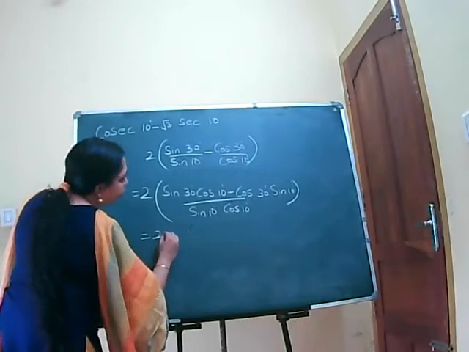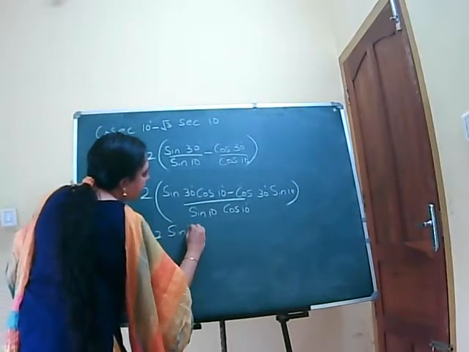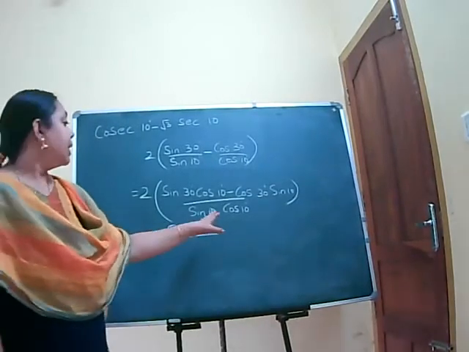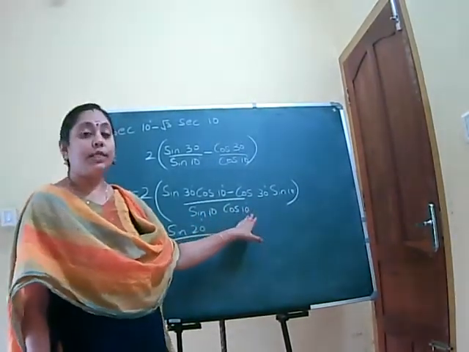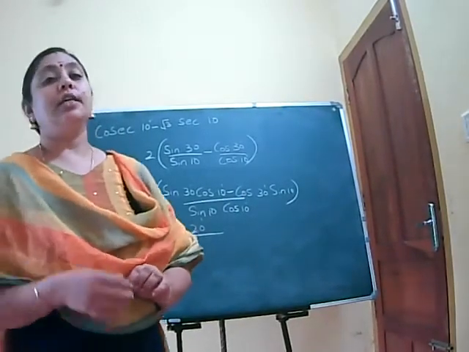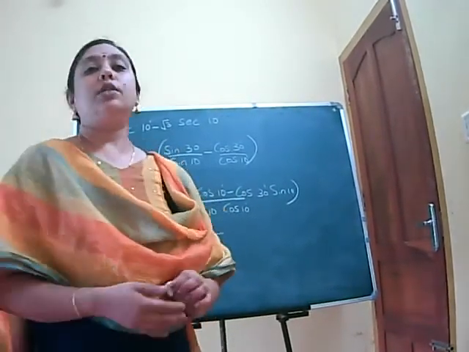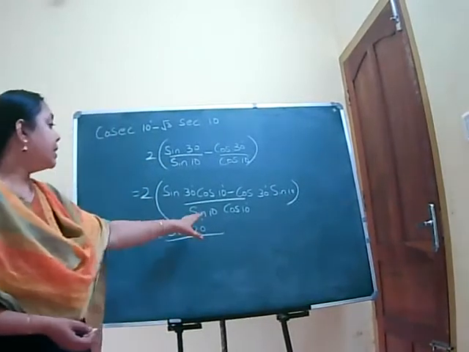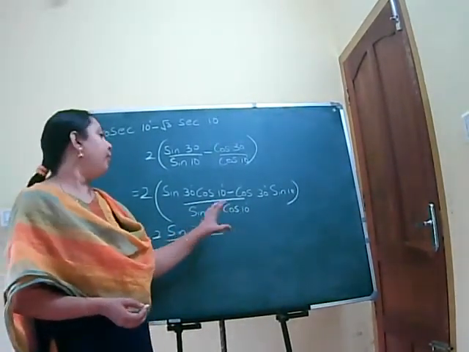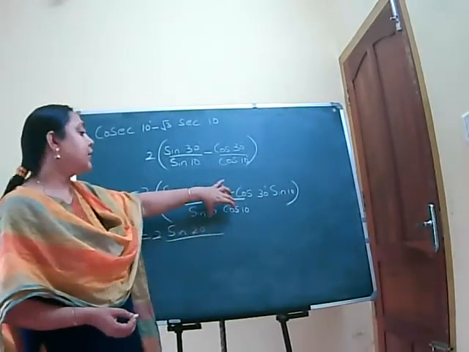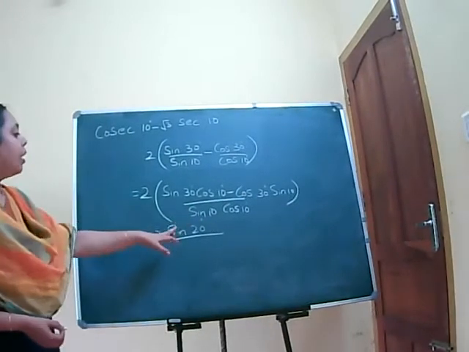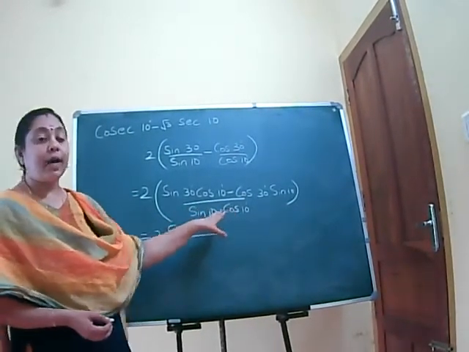So the numerator is 2 sin 20. The denominator is sin 10 cos 10. We know that sin 2 theta is 2 sin theta cos theta. So if we multiply and divide by 2, we can change this expression into sin 2 theta.